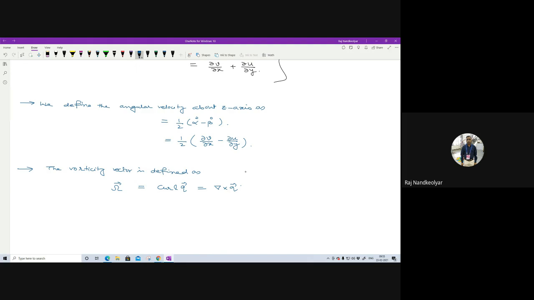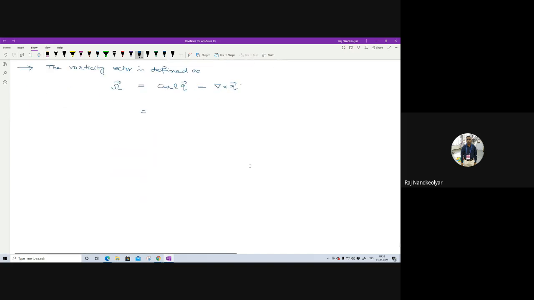If you simplify this, you can write it as the determinant with i, j, k; del x, del y, del z; and q vector is u, v, w. You can also write it component-wise.